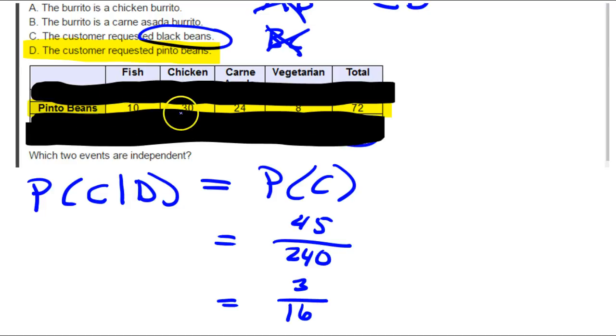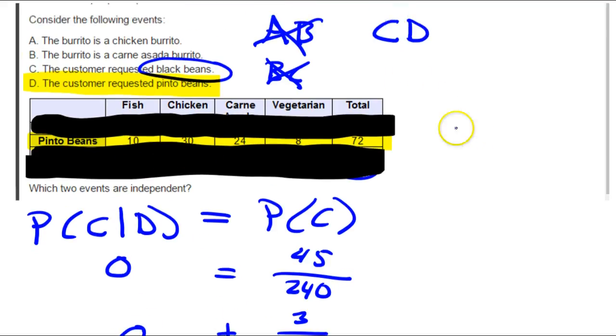Now, in this pinto bean universe, what's the probability of C? Well, that's 0, because C is black beans. We're not doing black beans and pinto beans. It's one or the other. So obviously 0 does not equal 3/16, so it cannot be C and D.